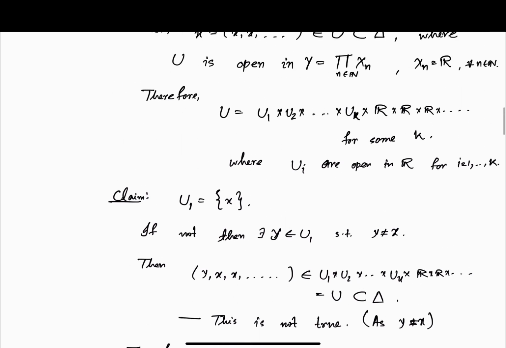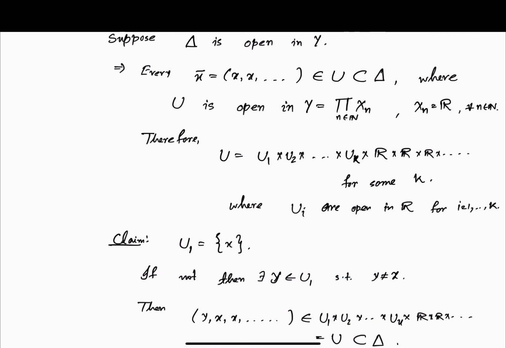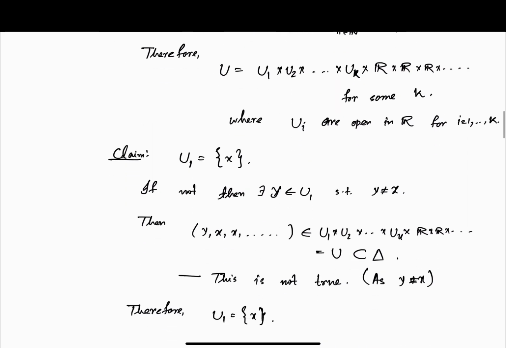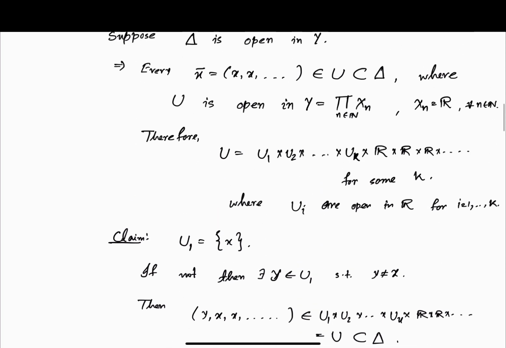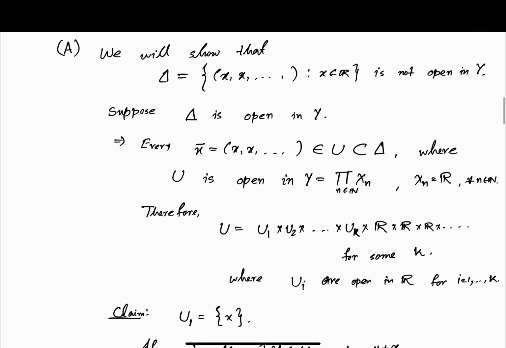And what is U1? These Ui are open sets in R, and we have obtained U1 to be a singleton, which is the same as saying that the singleton is open in R. But this is not true. This is a contradiction. Why does this contradiction arise?